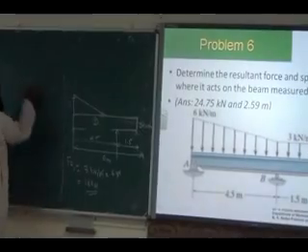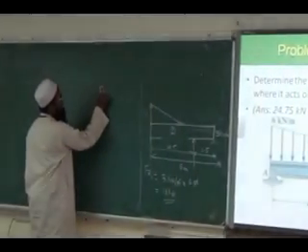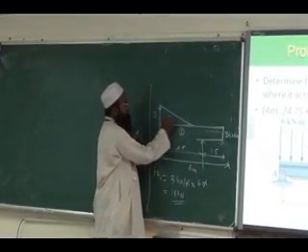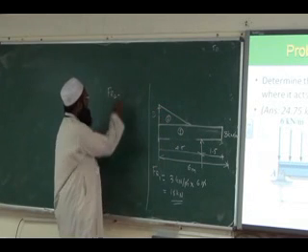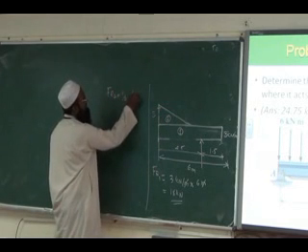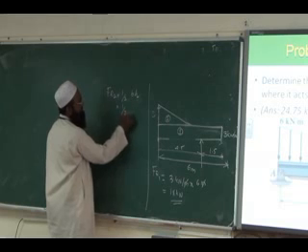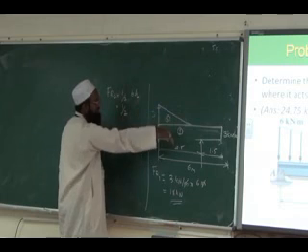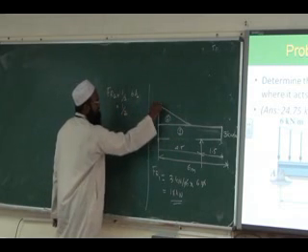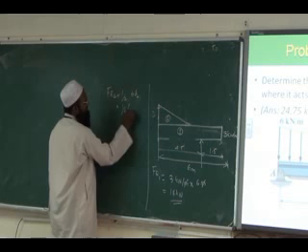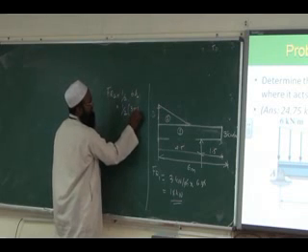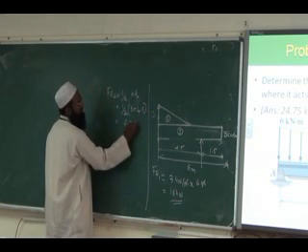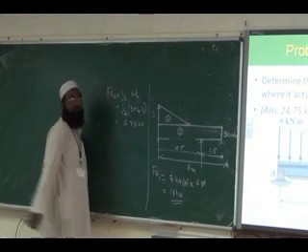Then we go for the resultant for the VDL, FR2. The VDL is triangular. It is half BH, the area. I am considering the triangle is just lying on the rectangle, so B is 3 and this is the height, 4.5. So half times 3 times 4.5 is 6.75 kilonewton.